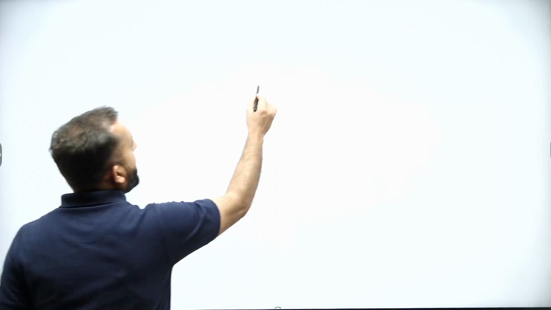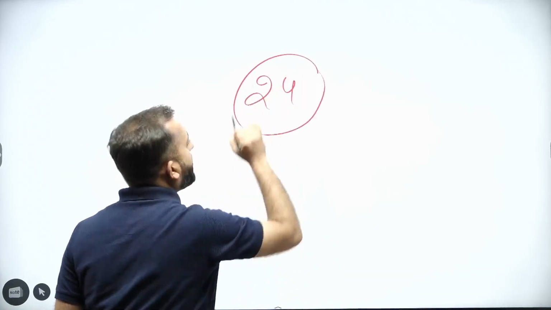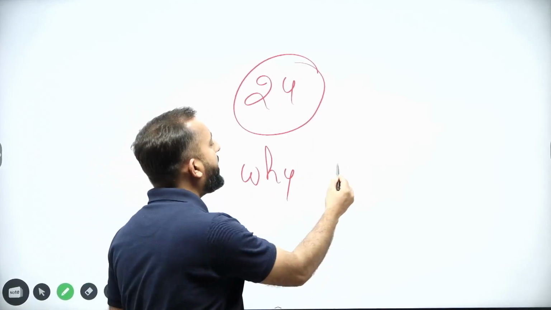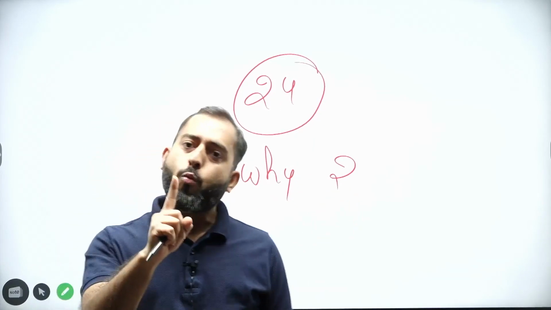Now let's explore our potential. My next question: how many times do the hands of the clock coincide with each other in a day? A lot of you might say, sir, they will coincide 24 times. Why? Because from 1 till 2 o'clock, hands were coinciding one time.